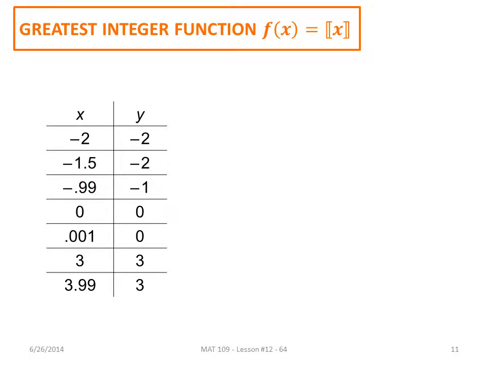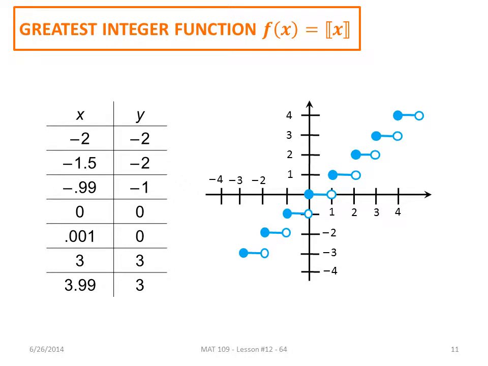So on. If you keep doing that for all the values in the table and plot enough values, you'll get this rather strange looking graph. It looks somewhat like a stair step, but there's nothing connecting the steps. They're hanging there in space. On these, the left end of the horizontal line is part of the line, because the greatest integer less than or equal to -3 is -3.